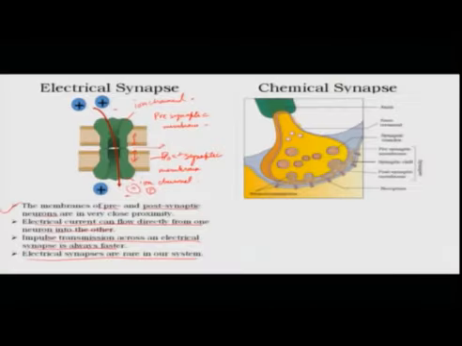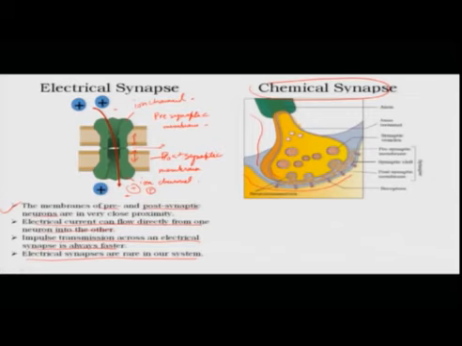Let us look at the typical synapse, which is a chemical synapse. So, chemical synapse looks very, very different from an electrical synapse. So, here this is the presynaptic neuron, the knob that is present at the end of the axon, right. And you see this is the membrane of the postsynaptic cell, and here is the membrane of the presynaptic neuron.